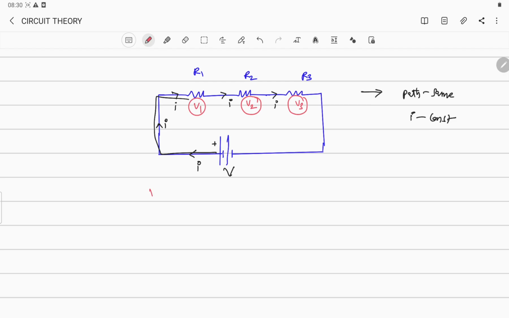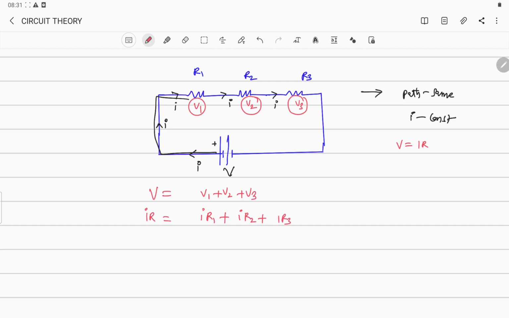Now the total voltage V is V1 plus V2 plus V3. According to Ohm's law, V equals IR. So on the left side we can write capital IR equals V1, which is IR1, plus V2, which is IR2, plus V3, which is IR3.